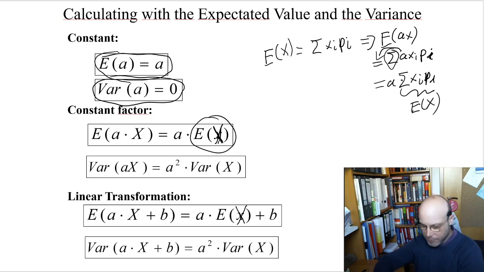But of course, if we take the variance of a random variable multiplied by a constant, this we will also need later on.